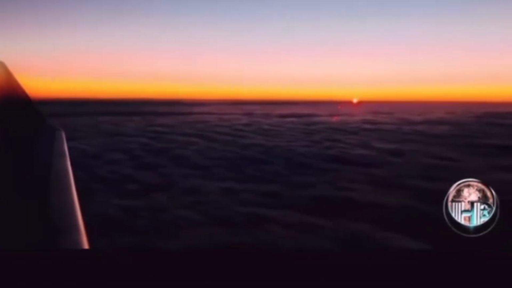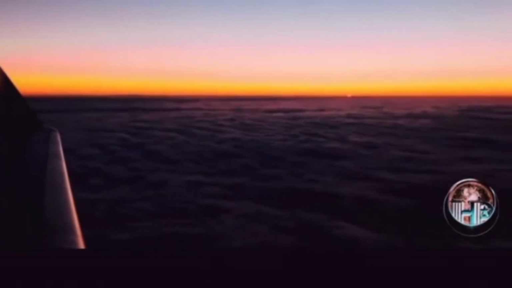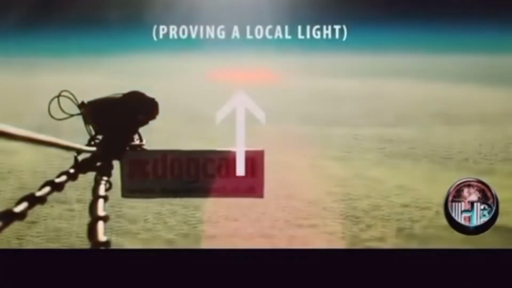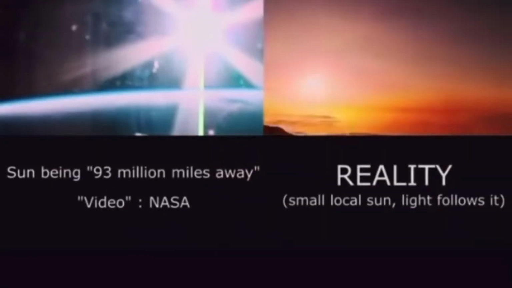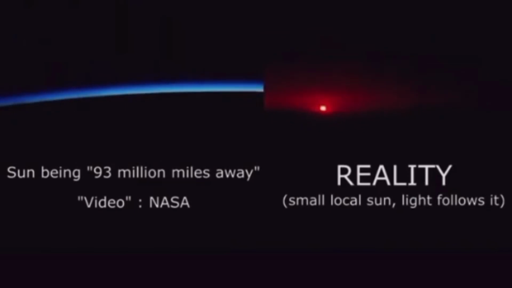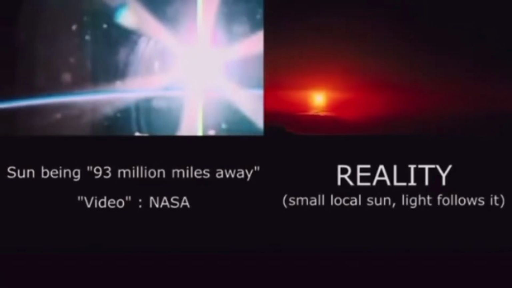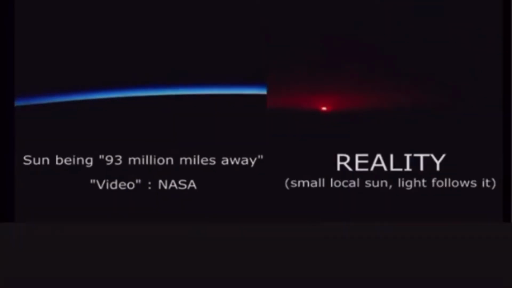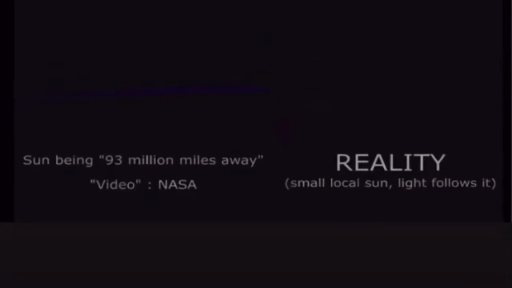It's far enough away to where you can't see the light. We have hot spots proving locality that it can't be 93 million miles away. We are looking at a very local sun.